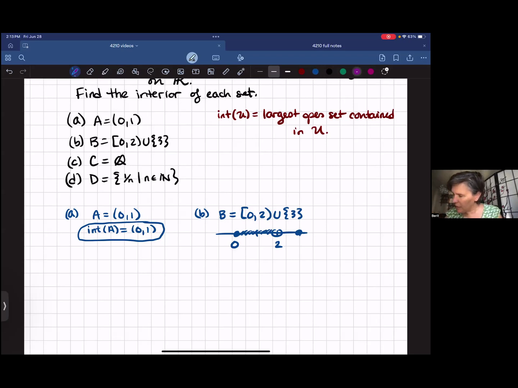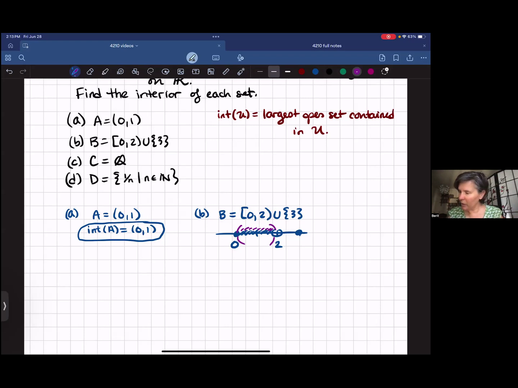At the one end, I can take my open interval right over to the point 2, and at the other end, I can get really close to 0. Could this open interval that I'm trying to draw possibly include 0? As soon as I include the point 0, then B is not a neighborhood of 0, and so the set that I'm making won't be open anymore.